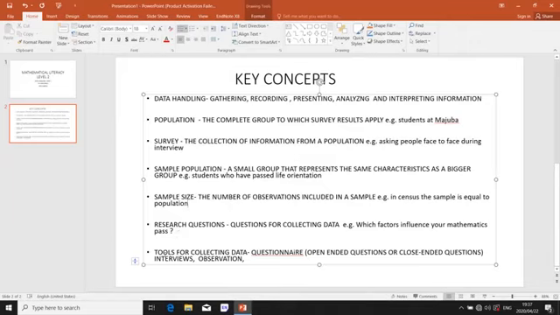Okay, the last concept that we are going to deal with is the tools for collecting data. When we are gathering information or collecting data, we use the questionnaire. The questionnaire may have open-ended questions. In other words, those are the open questions.